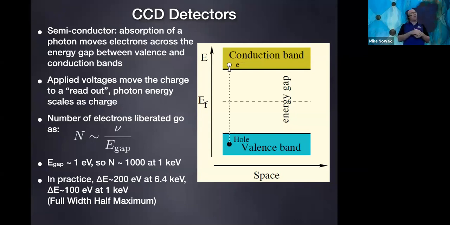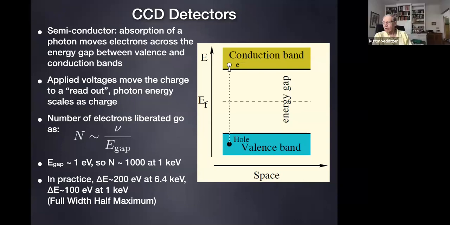This energy gap that we have to go across is about 1 electron volt or so. So if we have an X-ray with 1 kiloelectron volt, we're going to get about 1,000 electrons out of that. But the error on that is going to be the square root of 1,000 or so. So about 35-ish.